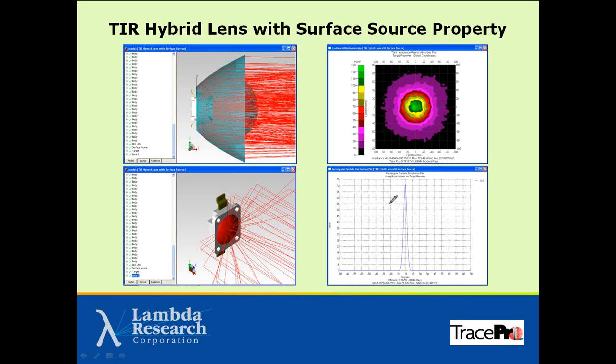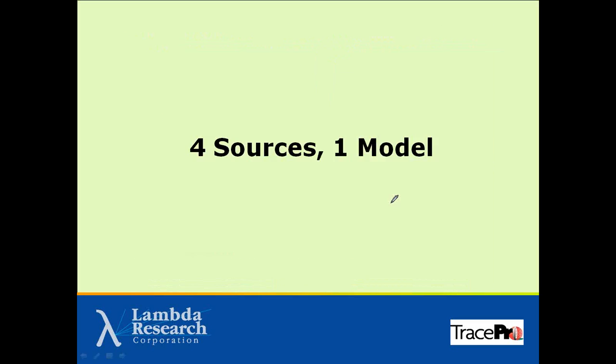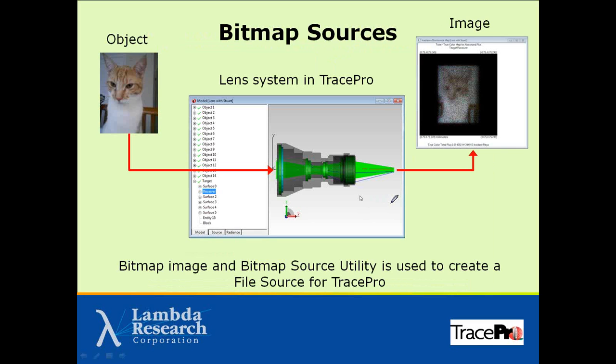Can we efficiently model a 3D scene, for example, a frame from a 3D movie, through a lens and get a good image on a detector? 3D, probably not. What you'd probably have to do is build it up as a series of slices, because if we go back to the bitmap source here, we're actually looking at this image at a single plane.